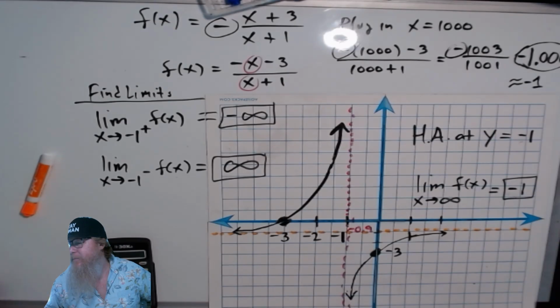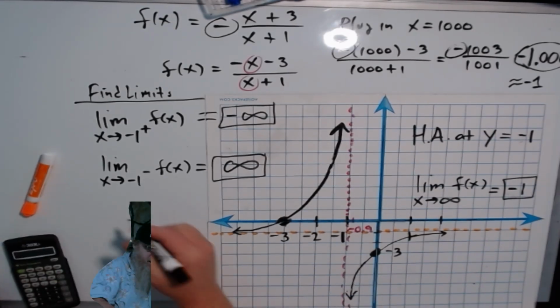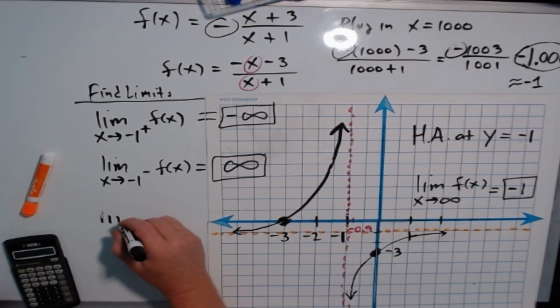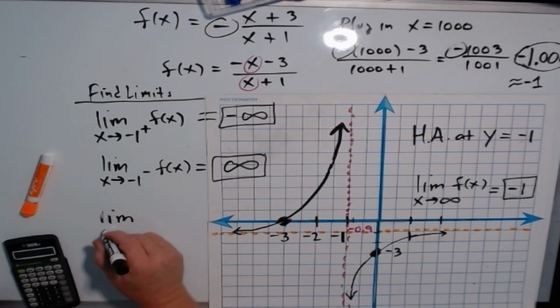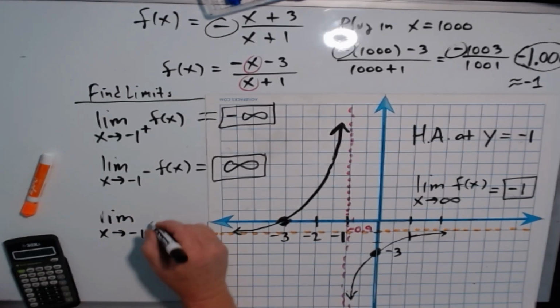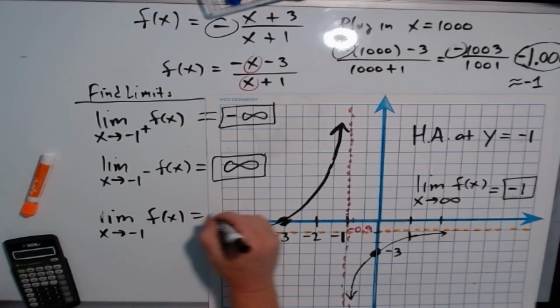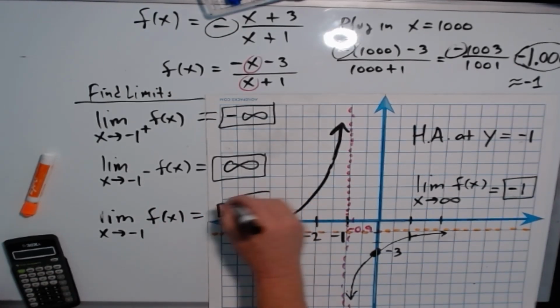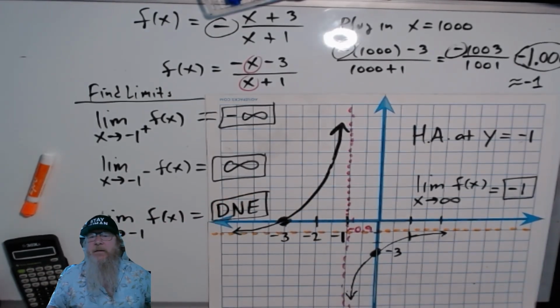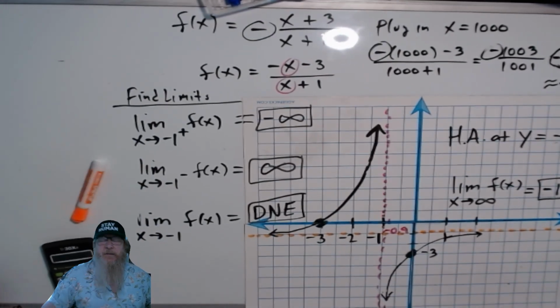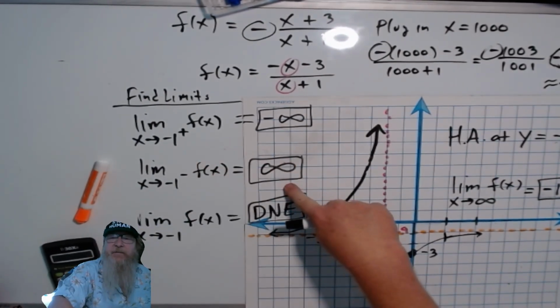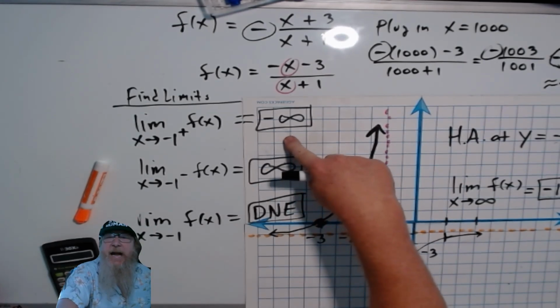All right. The limit as x approaches negative 1 does not exist. So from the left, it's infinity. From the right, it's negative infinity.